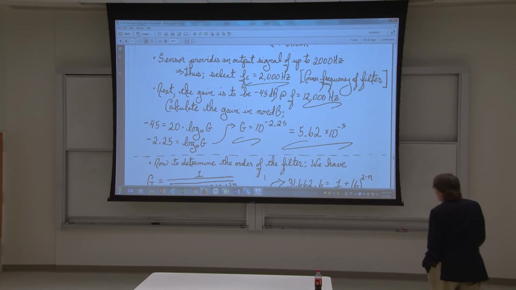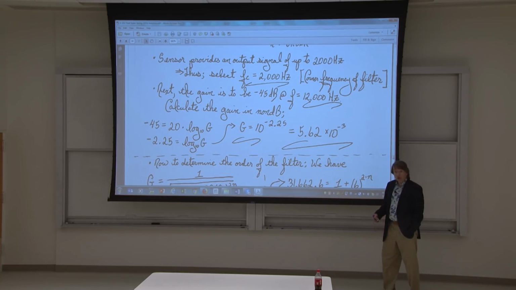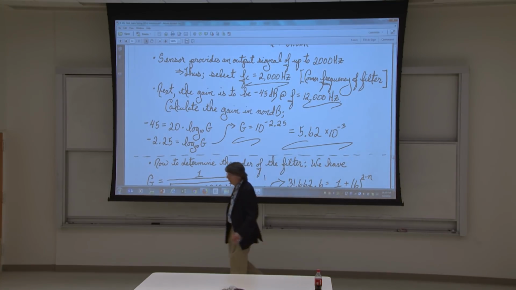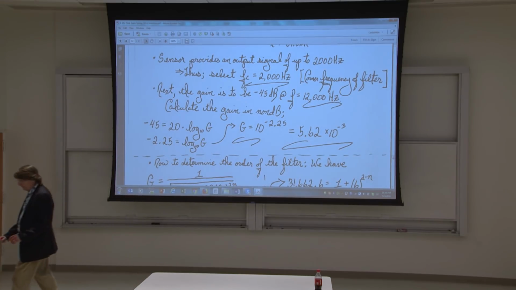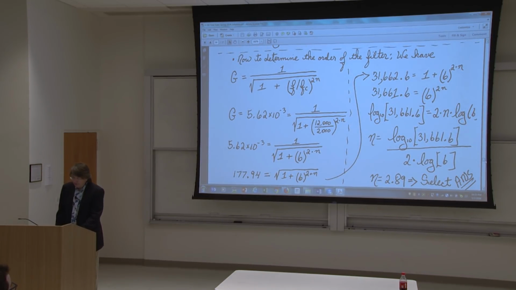So minus 45 equals 20 times log to the base 10 of G. Solving for G, you get 5.62 times 10 to the minus 3, which is a number less than 1. That's good. We want something less out for the noise. And at this point, you know everything. You just got to plug it into the formula on the formula sheet and solve for n.